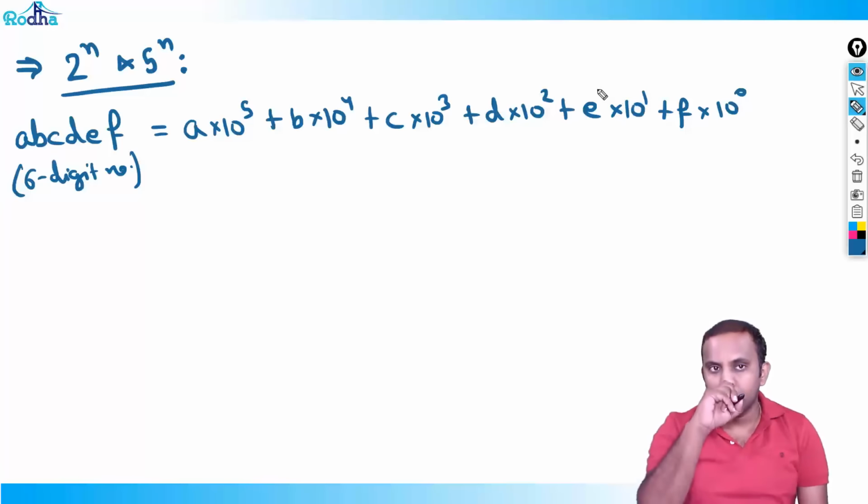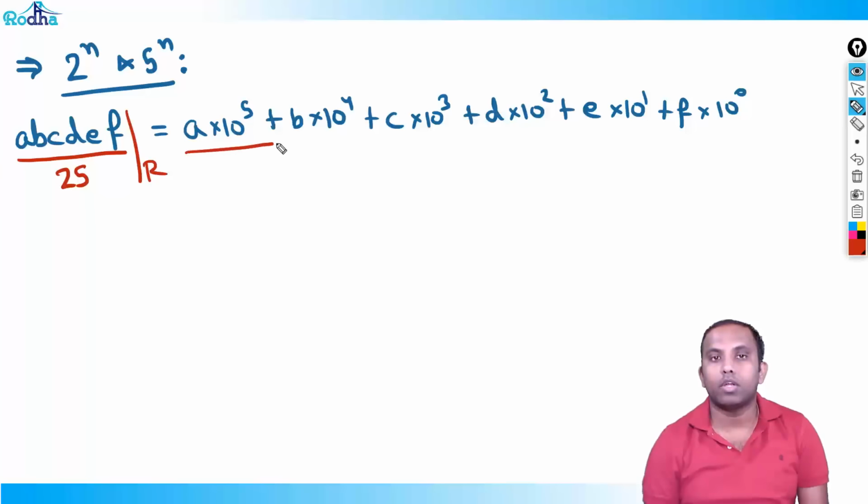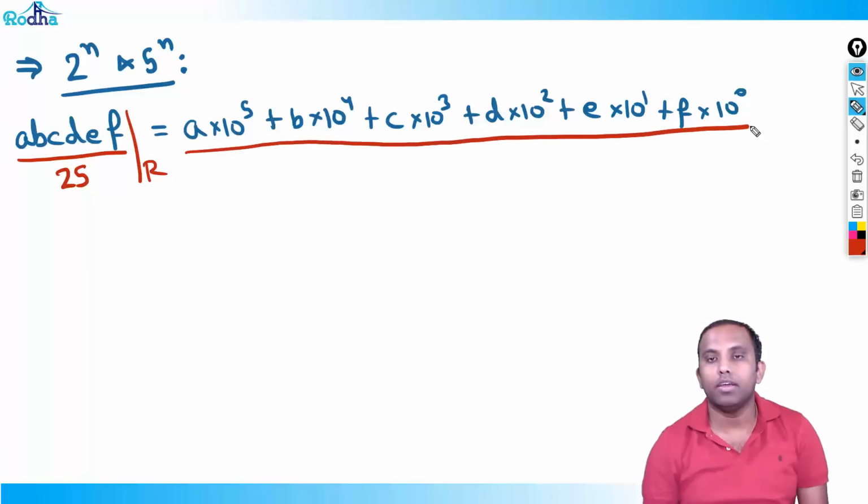Now suppose this 6-digit number ABCDEF, I'm dividing by 25 and getting the remainder.